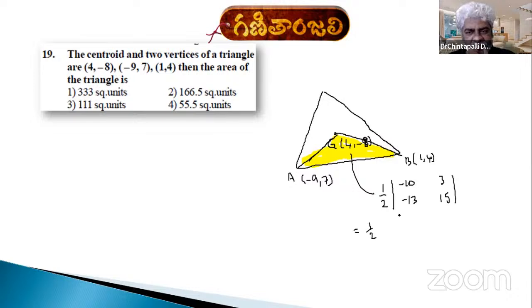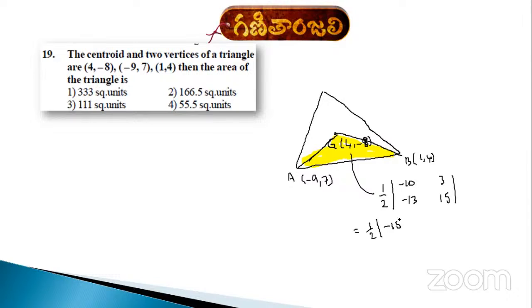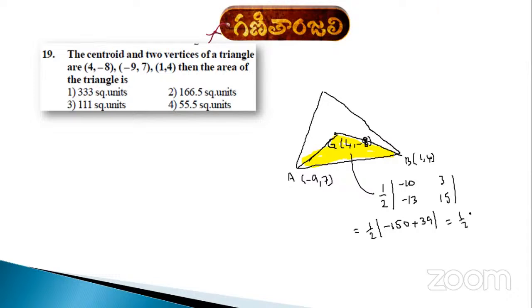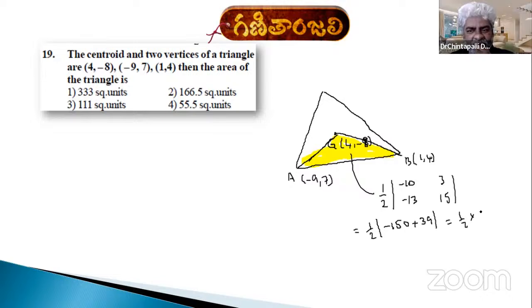Half times modulus of minus 150 plus 39. Yes, sir. Which is going to be, can you tell, 111? Yes, sir. Negative 111.